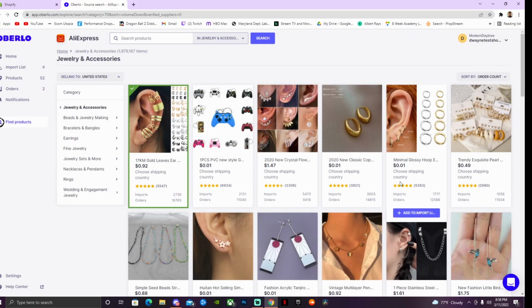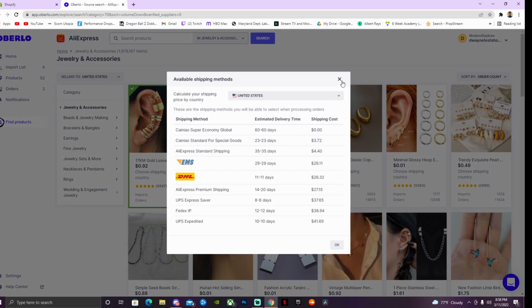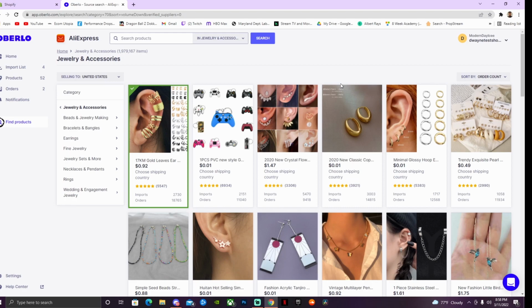Usually, when I'm setting up a store, I like to import products that have shipping times in the under 3 weeks range. If it's anything over 3 weeks, I usually don't import it into my store, because customer service is the number one factor in scaling an ecom brand.